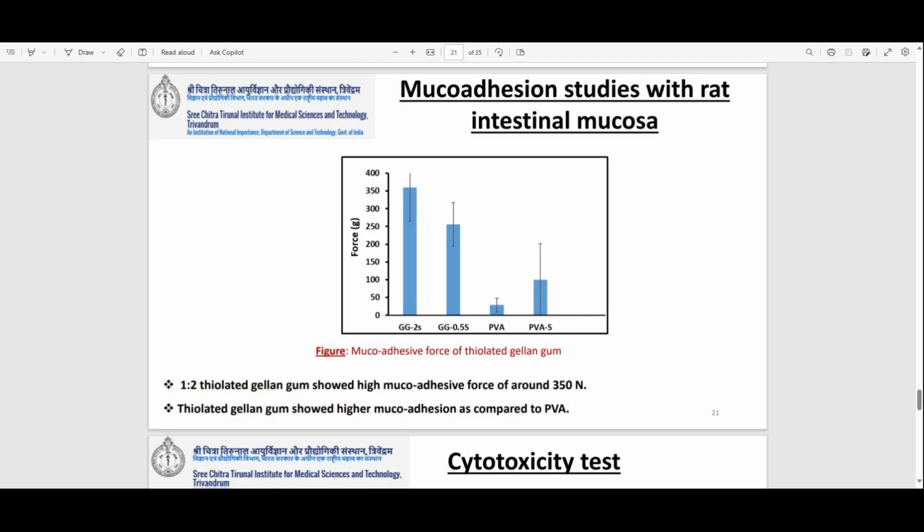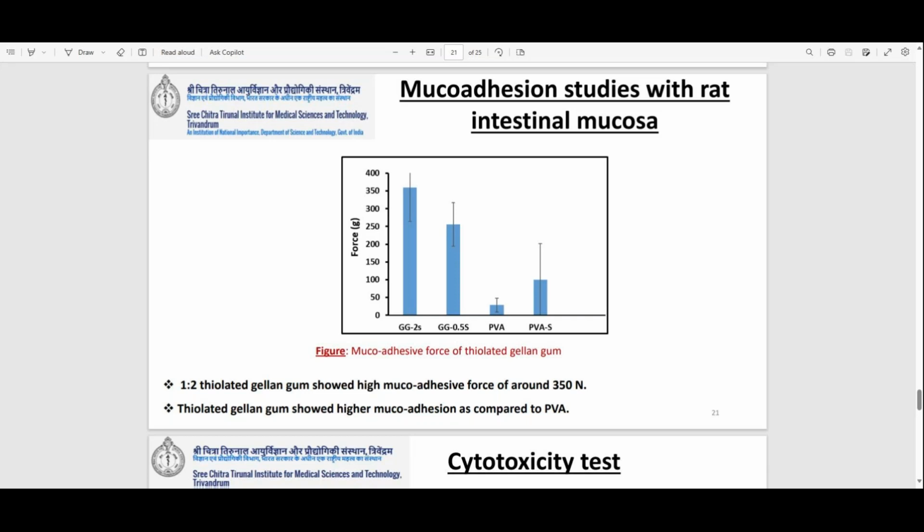We have seen that as the extent of dilation increases from 0.5 to 2, the mucoadhesive property of the system also increases, and we got a mucoadhesive force of around 350 gram.